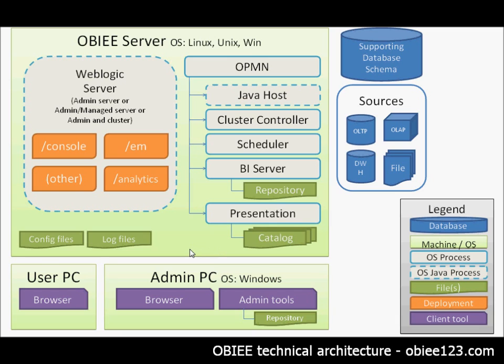Another common scenario is that an administrator wants to fire up or control which components are running at the server at any given time. He may want to stop some components. Well, in order to do anything, the first thing at the server level, the WebLogic server, or at least the WebLogic admin server, needs to be running.